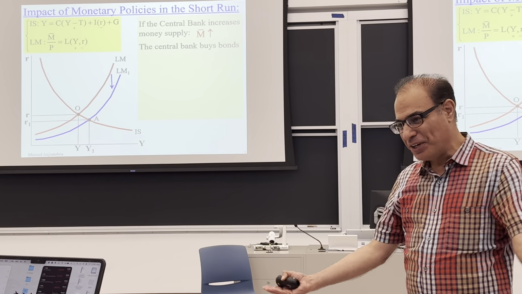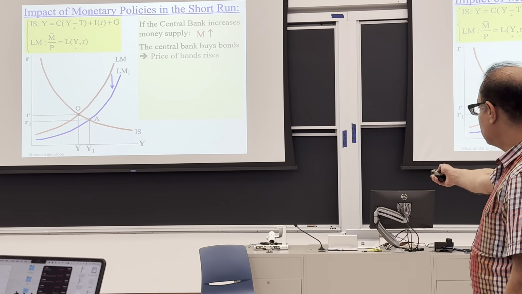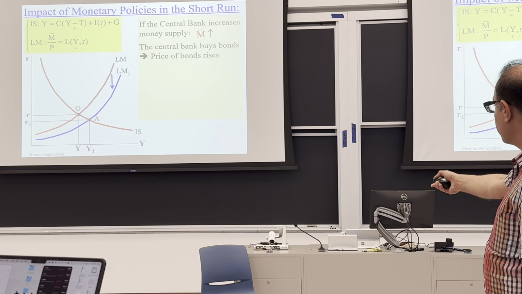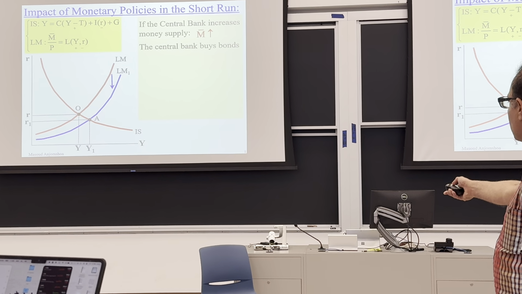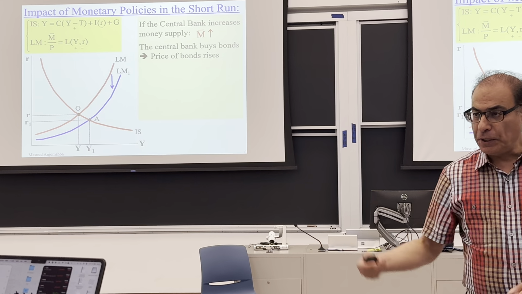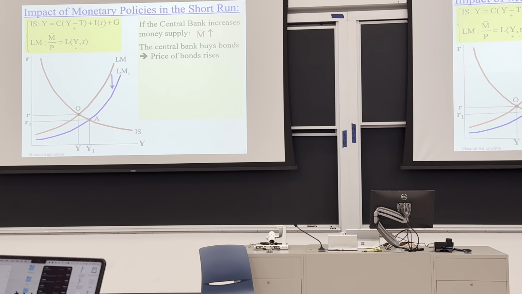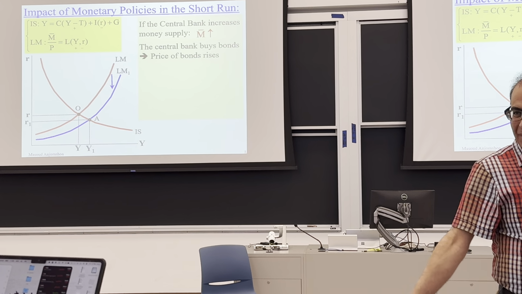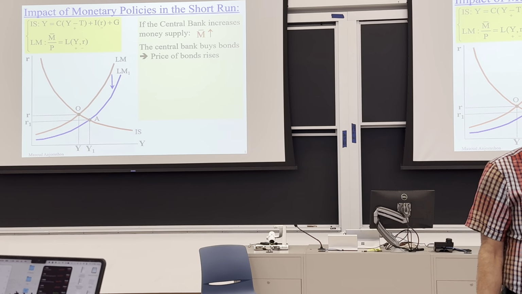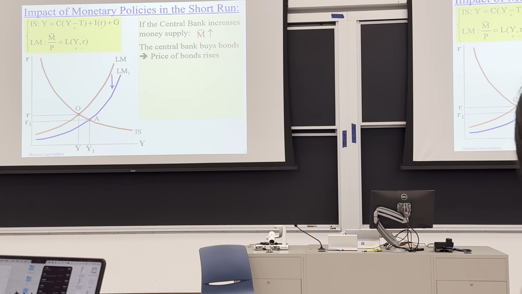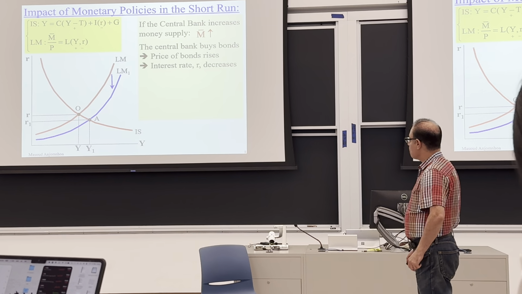It doesn't change anything. But the central bank is a deep pocket agent. They are buying billions of dollars of bonds. So exactly as he said, the price of bonds rises.